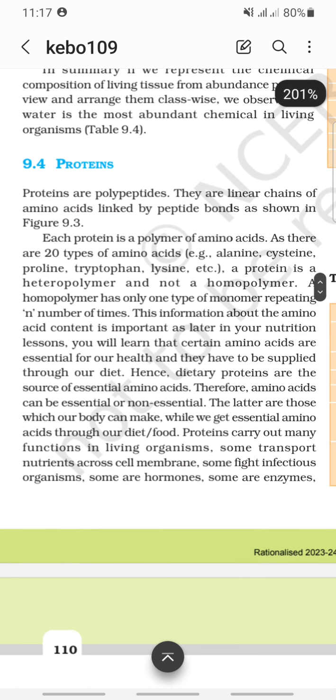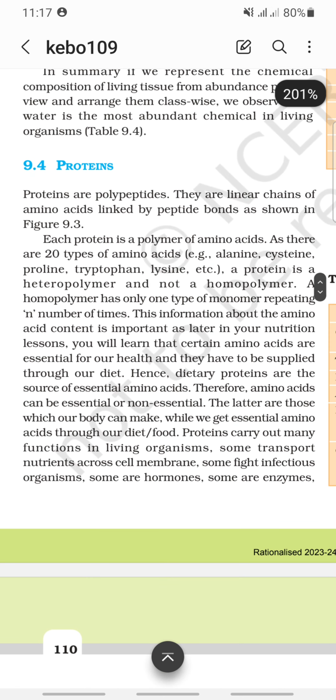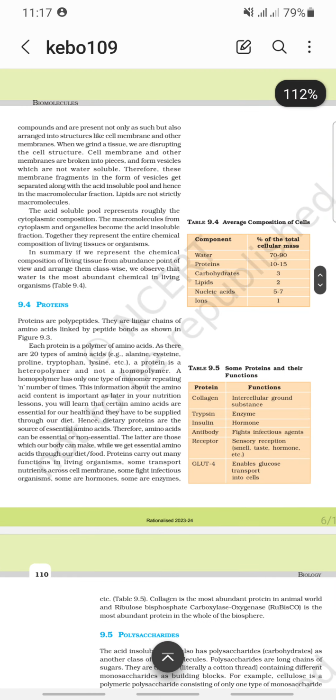Proteins. Proteins are polypeptides. They are linear chains of amino acids linked by peptide bonds, as shown in figure 9.3.